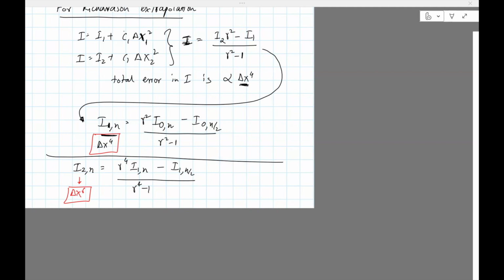Now we can just keep repeating this. Each time you use this recursive formula, you'll get even higher order accuracy. So the next will be delta x raised to 8 and so on. So let me write that down.